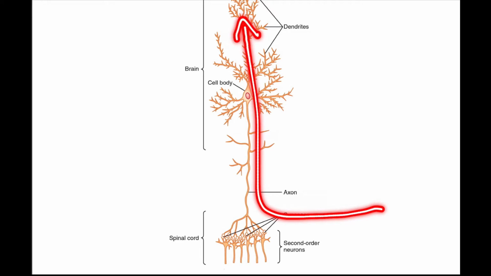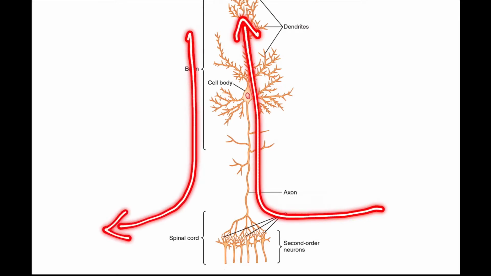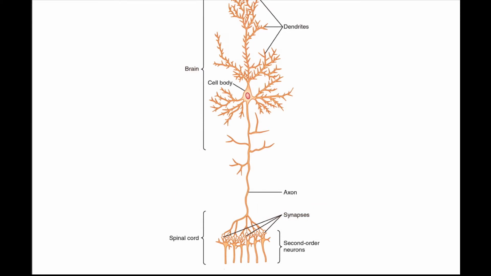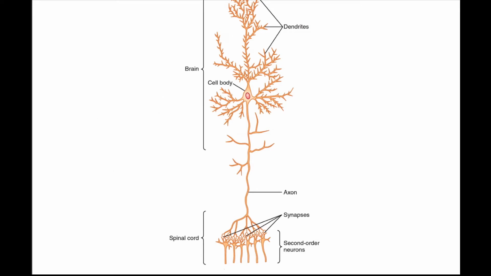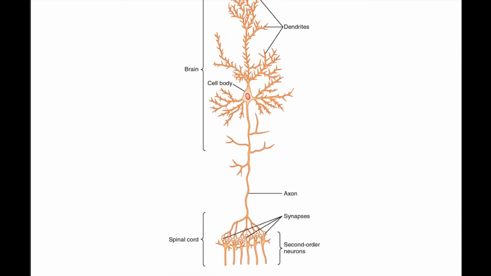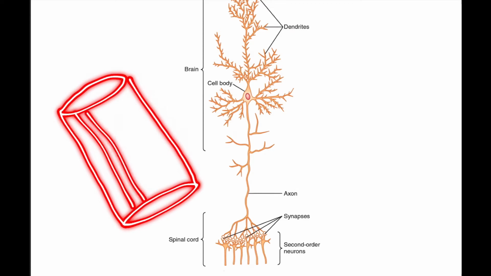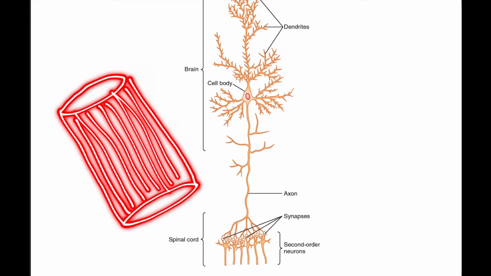What do you mean by descending tract? Descending tract means from the central nervous system to the body. So please do not confuse the term ascending. Now what is a tract? Here in spinal cord, a tract is a bundle of axons of a neuron, like millions of axons.